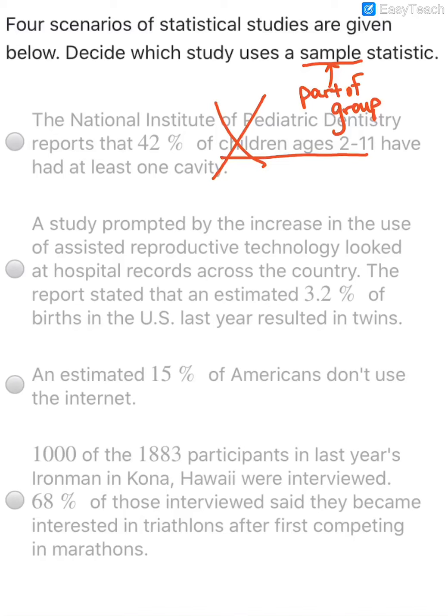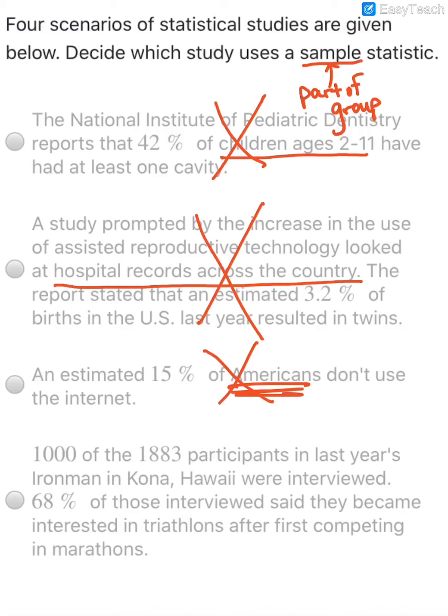If we have a study prompted by the increase in the use of assisted reproductive technology, and they looked at hospital records across the country, again, they're not sampling. They're looking at an entire group, so it's not a sample statistic. All right, the third one, an estimated 15% of Americans. Again, we're looking at a whole population, not part of a group.